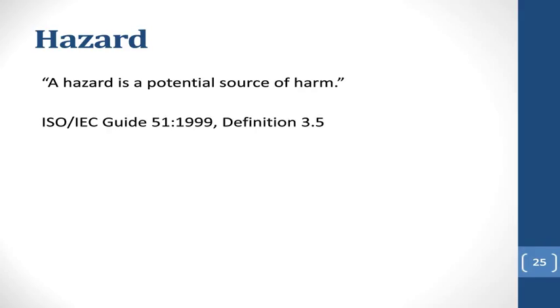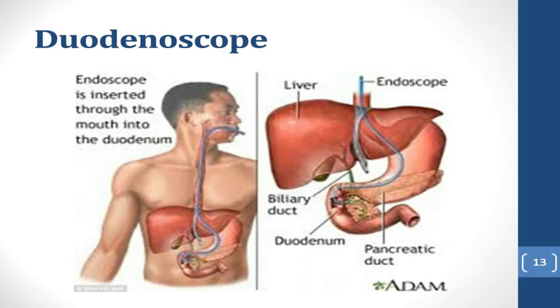So a hazard is, let me just give you examples of hazards. A hazard could be, as we had seen in my very first picture, actually, let's go to this one. A hazard could be, as you can see this duodenoscope, it goes through the patient's mouth and it goes all the way through the duodenum, which is part of your digestive system. That's why it's called a duodenoscope.